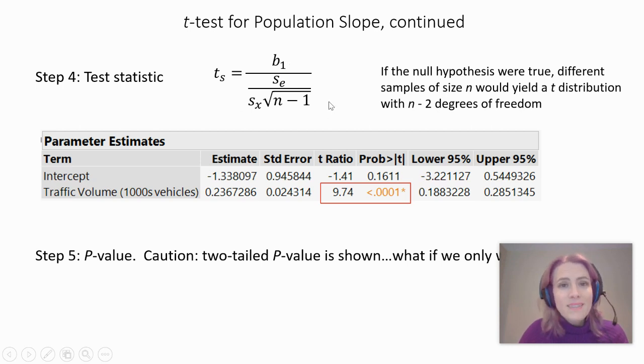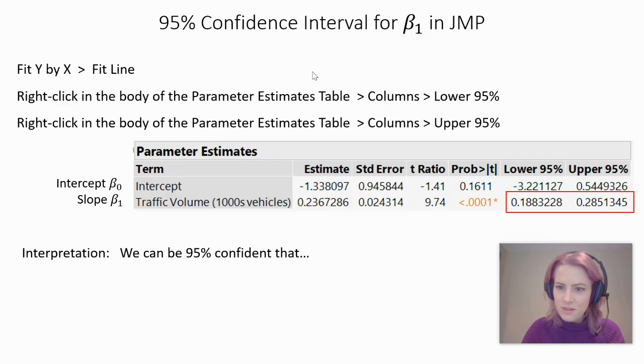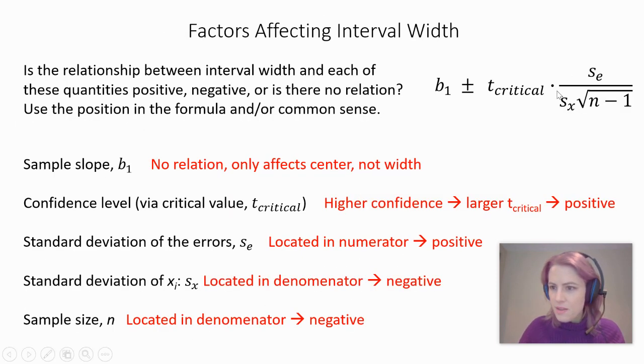And then the noise is the typical variability we would see among different sample slopes. So that's the standard error of the sample slope. So we saw that. I'll just refresh, go back a little bit. That's this guy here that was in the confidence interval margin of error. All right, so that's a standard error of the sample slope.